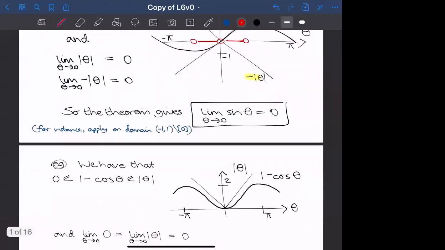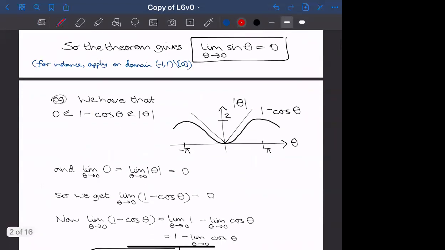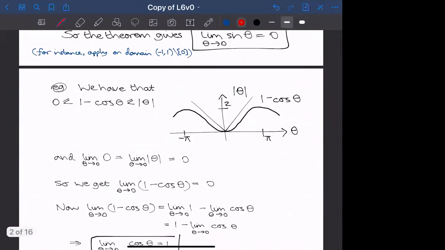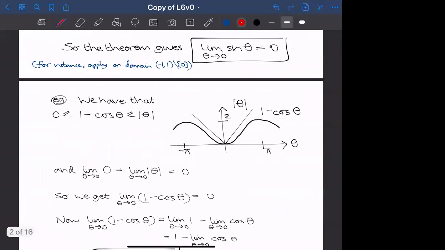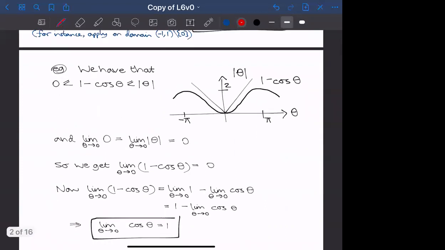So another example. If we have the limit of sine theta, we also ask for the limit of cos theta. And in the same way we can calculate it.